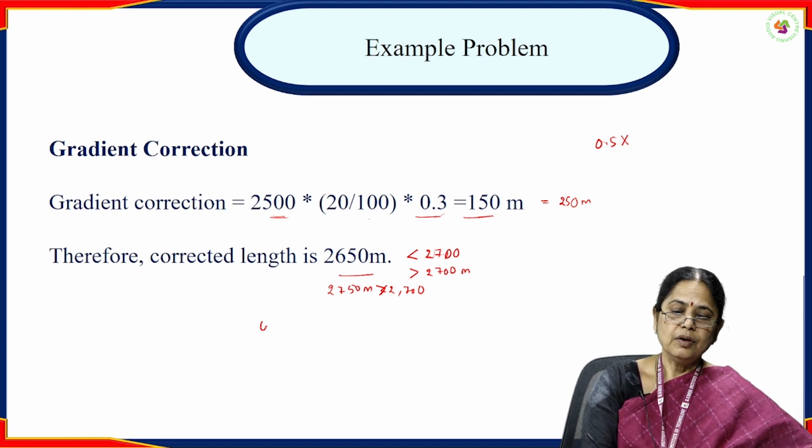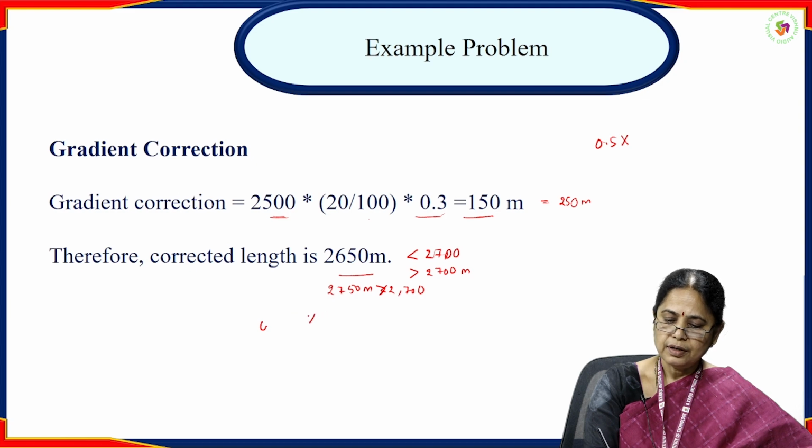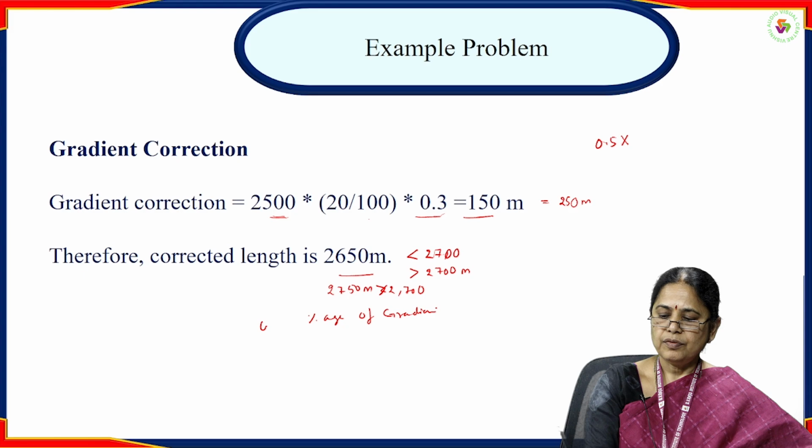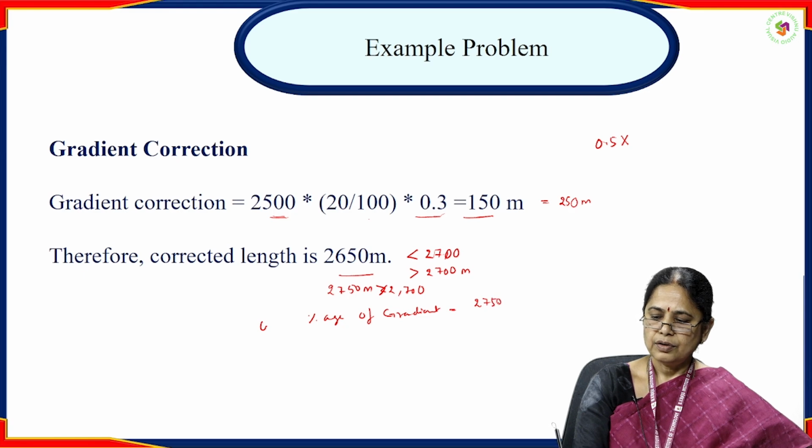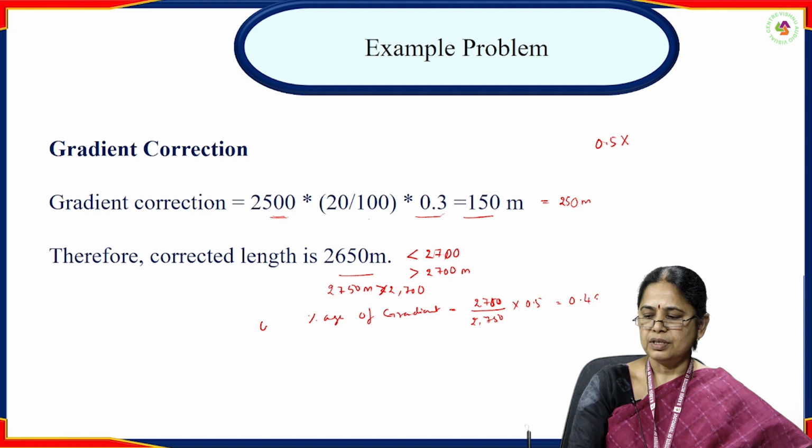At the same time we need to change the gradient correction, the percentage of gradient. The percentage of gradient will be changed from 0.5%, obtained as 2700 divided by 2750 into 0.5, that will be 0.9%.